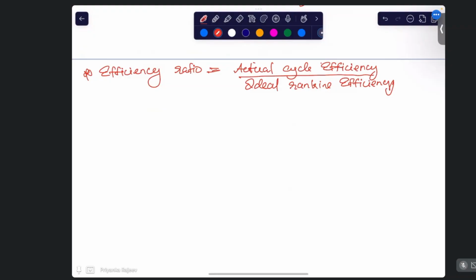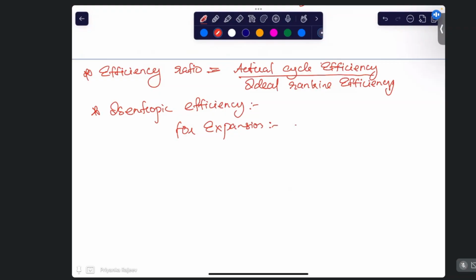Now, isentropic efficiencies are calculated using isentropic efficiency for expansion. It is actual work done by isentropic work done.